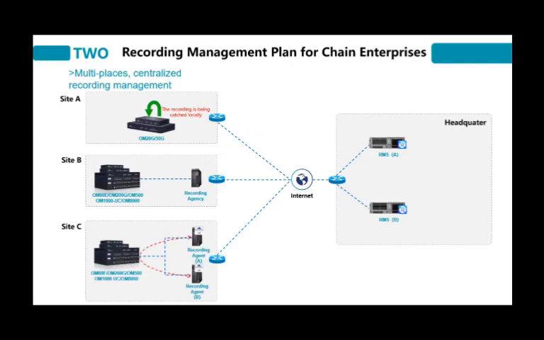For site C, you can do the recording for both primary and secondary backup recording, agent A and agent B. At the same time, you can also send the recording to the RMS, recording management system. In general, it has the automatic synchronization and configuration of recording files. So again, there's no loss of recording files from different places.